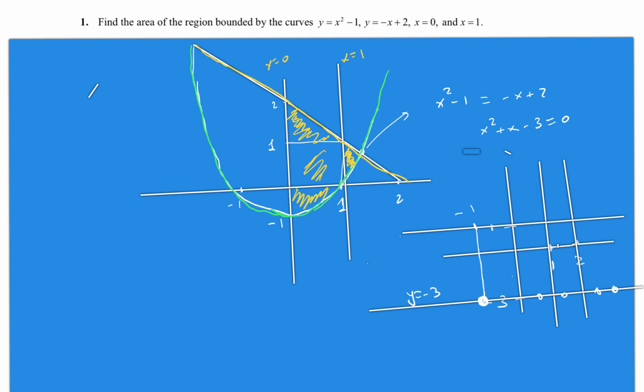This is the area that you will not be able to find without using calculus, because it has a shape that is not a rectangle.